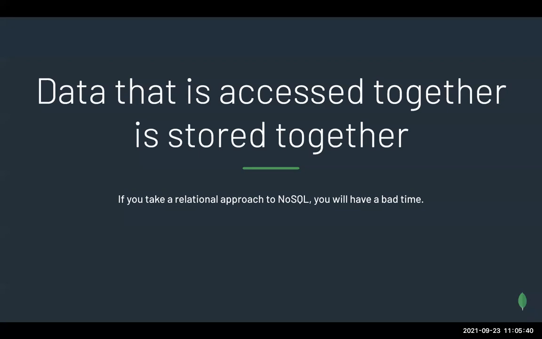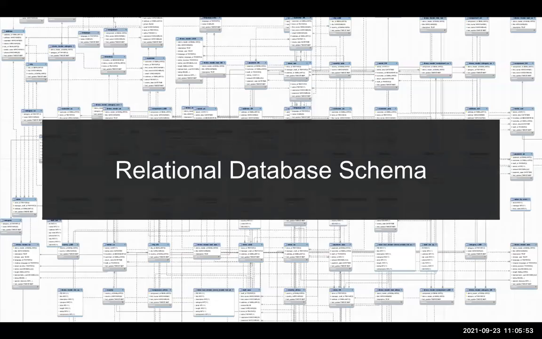So, with this webinar, I want to teach you data modeling, and I want to teach you how to think about your data. If you do come from a relational database background, you're probably well accustomed to database schemas that look a little something like this, where data is normalized as much as possible, and all of your data is stored in a series of tables, and these tables contain rows of data.